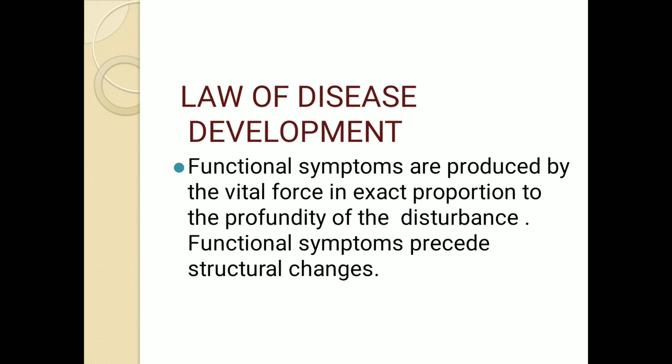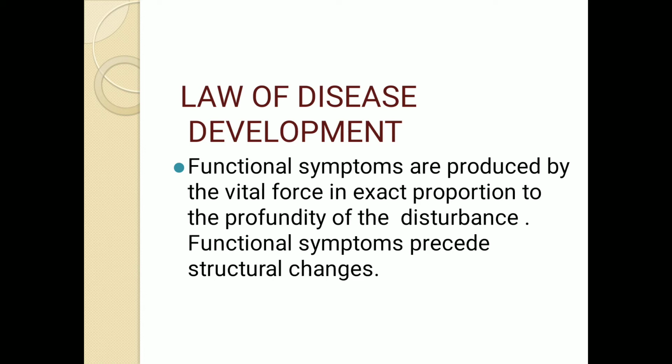Functional symptoms are produced by the vital force in exact proportion to the profundity of disturbance. Functional symptoms precede the structural changes. It means first there will be a disturbance in function, then the structural changes of that organ happen.